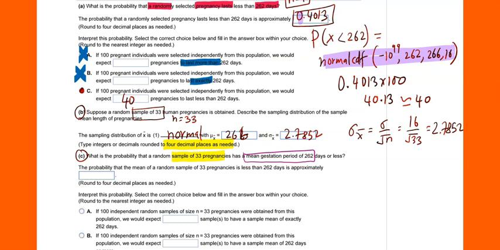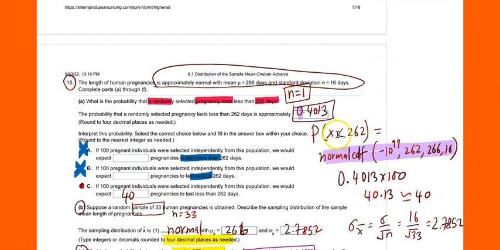Therefore, we are looking for the probability of X bar less than or equal to 262. Remember that here n equals 33, while in our earlier case n equals 1. Notice that.